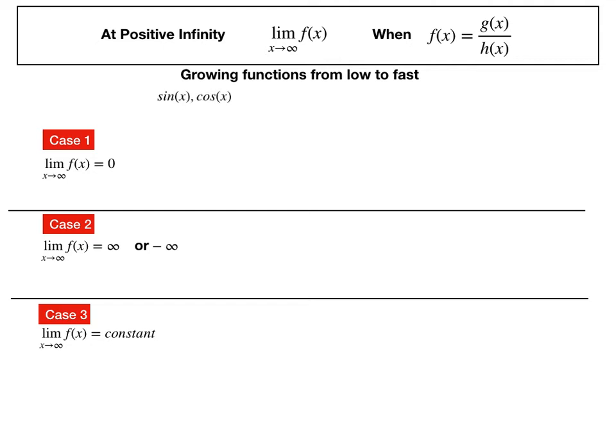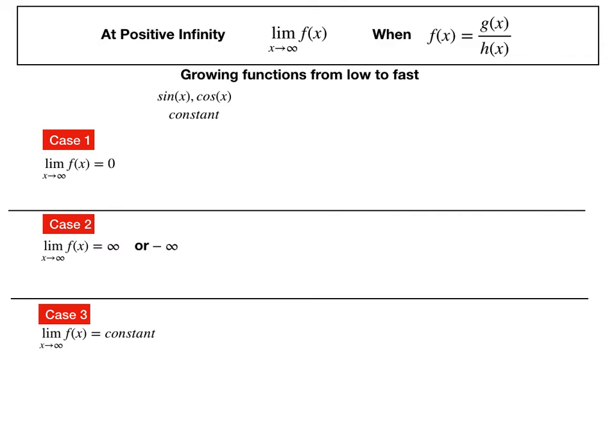Here are some examples to see how fast a function grows as x goes to infinity. We start with sine of x and cosine of x. These functions grow in some intervals and decrease in some intervals, right? And regardless of how far you go, they're always bounded between two values. The range is bounded. And if you have a constant function, it never grows.